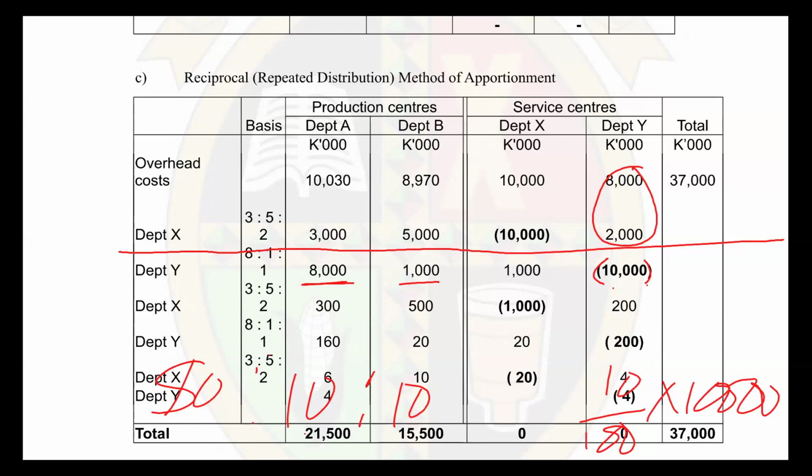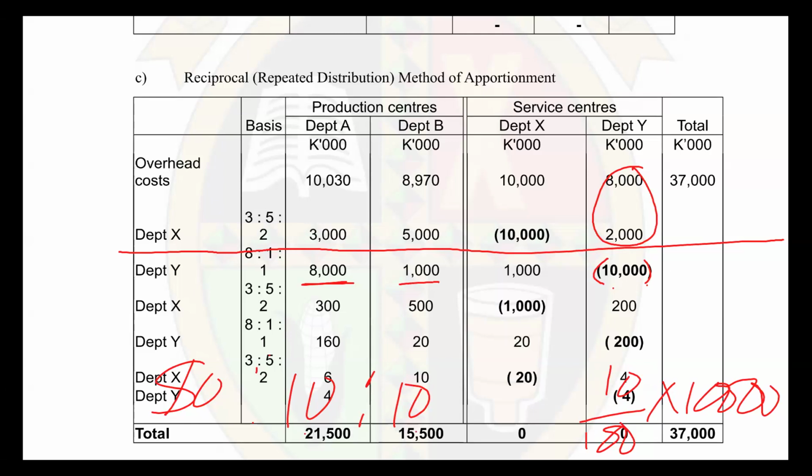Now observe that Department X is not let scot-free. We're not just excusing it like that. This time around, we are also going to apportion some cost. We'll give some cost to X, right? At what basis? 10%.